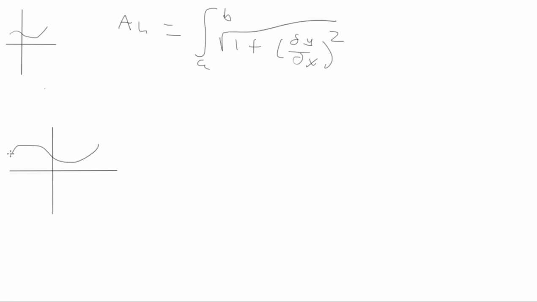We can take an approximation of this curve by using straight lines. And the x component for these lines is going to be delta x.